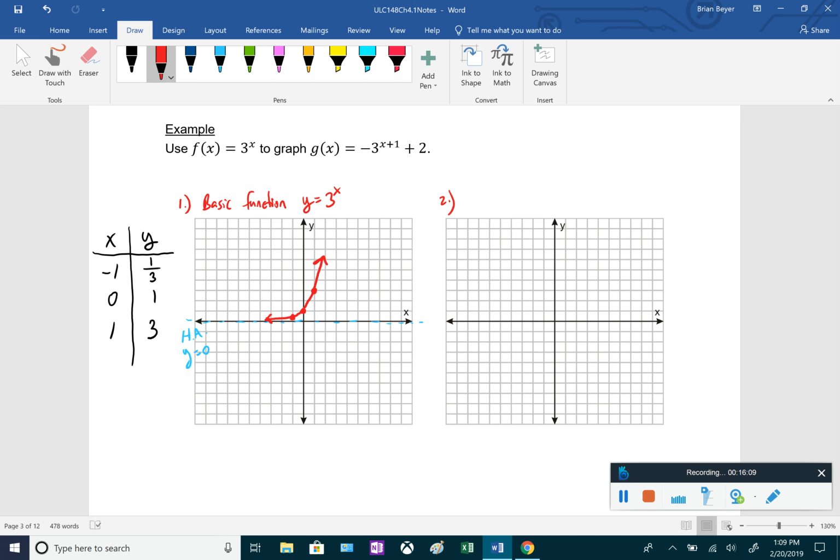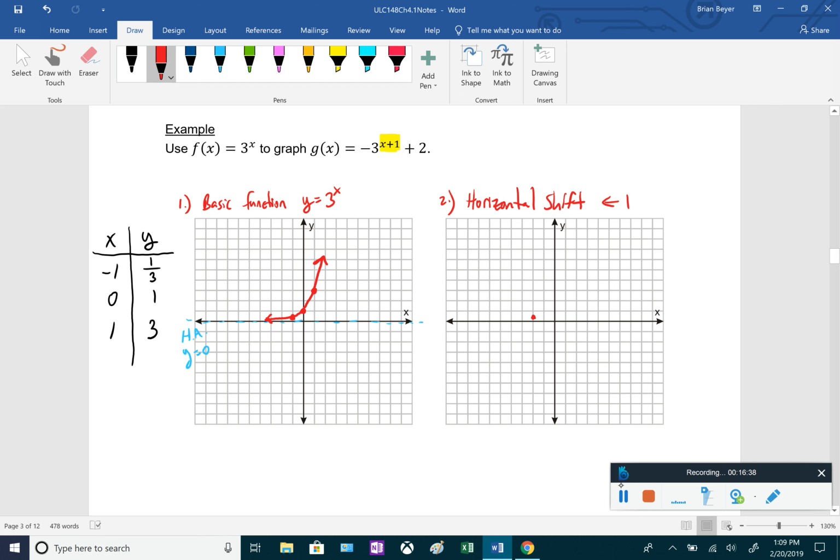Okay, so the first transformation that you have to check is for the horizontal shift. There is a horizontal shift here. The horizontal shift is the x plus 1. That means it's going to be to the left 1 unit. So we're going to move every single one of those coordinates we just plotted to the left, and then draw that curve back in.